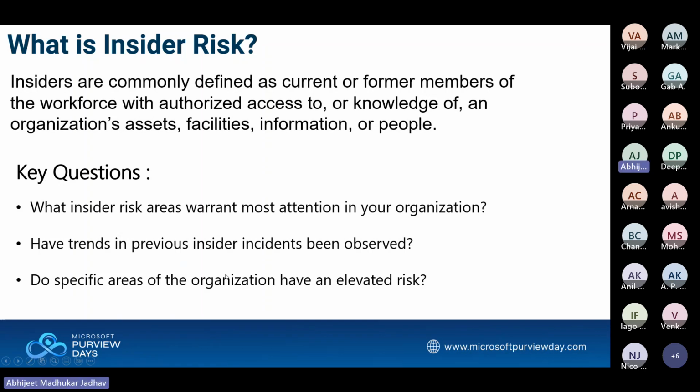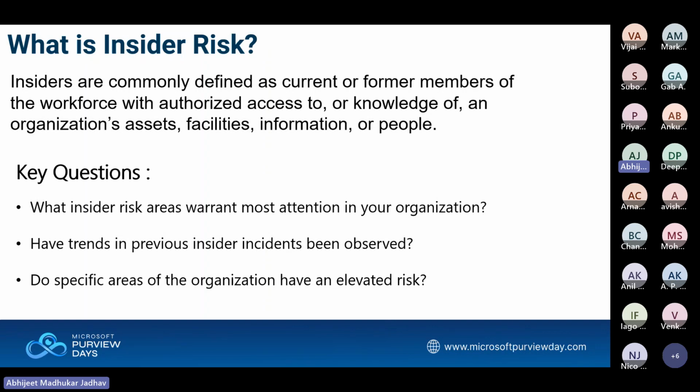Then the second part of it is, you have to have the trends in previous insider incidents observed. So if your organization has ever faced any kind of risks earlier, you need to understand what has led to the insider risk or actual damage to the company's assets.